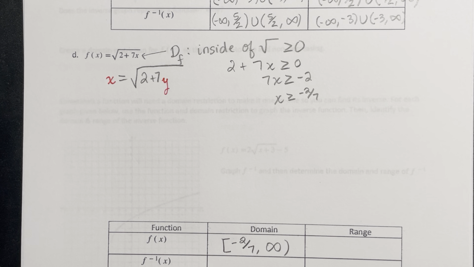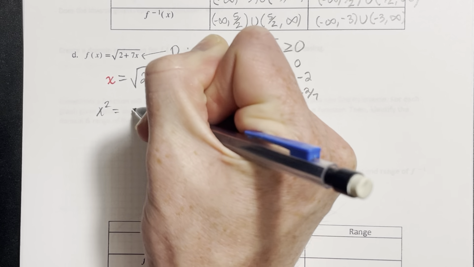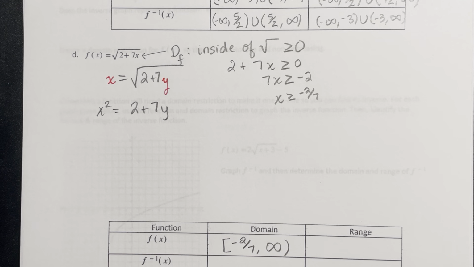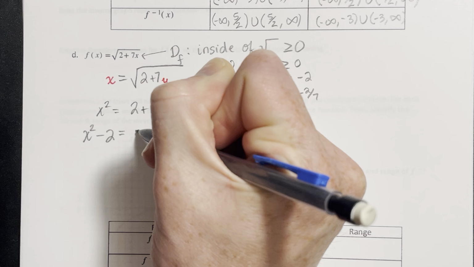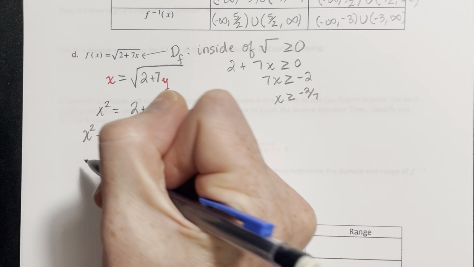We want to solve for y, and it's inside of a square root, so the inverse operation would be squaring both sides. If I square both sides, that gives me x squared equals 2 plus 7y. I can subtract 2 from both sides, so x squared minus 2 equals 7y, and we would divide both sides by 7.